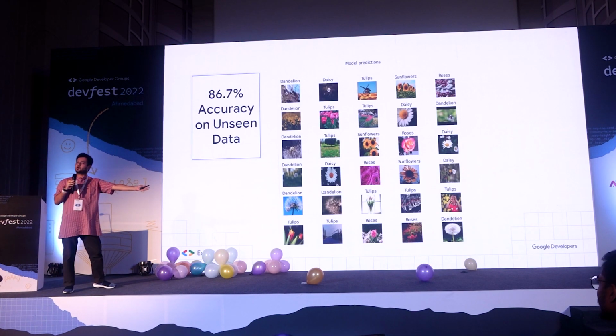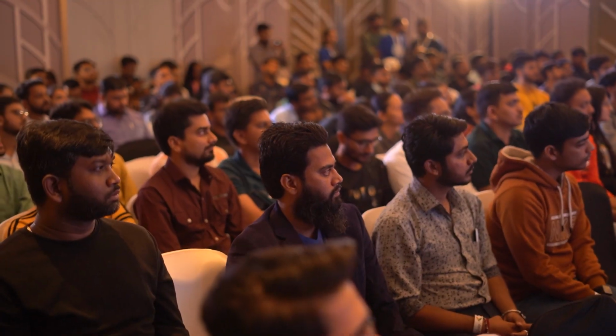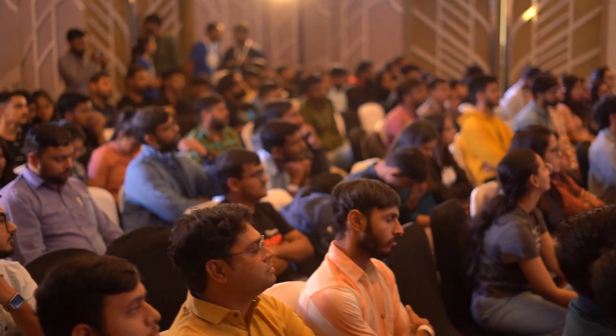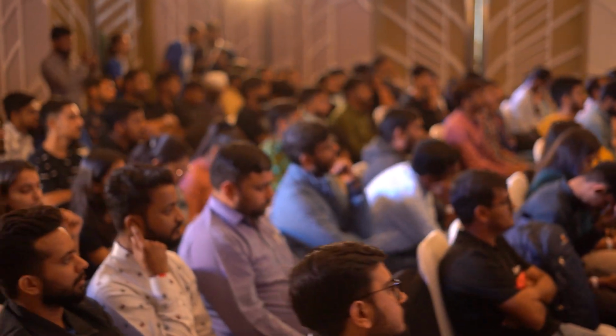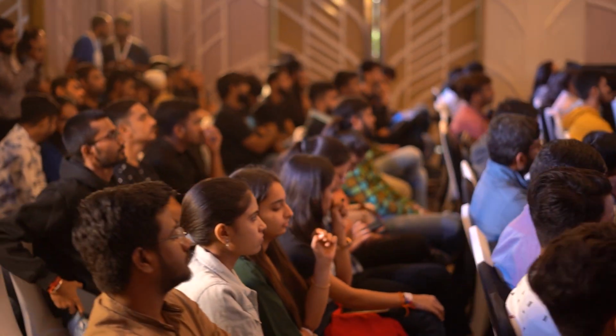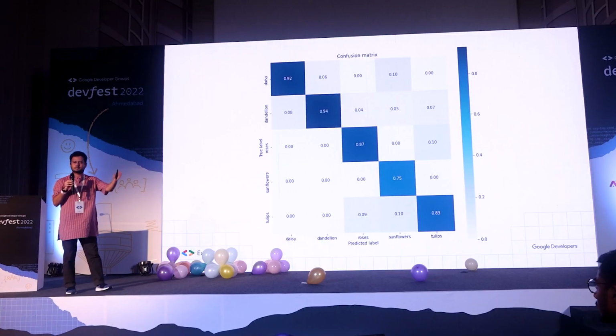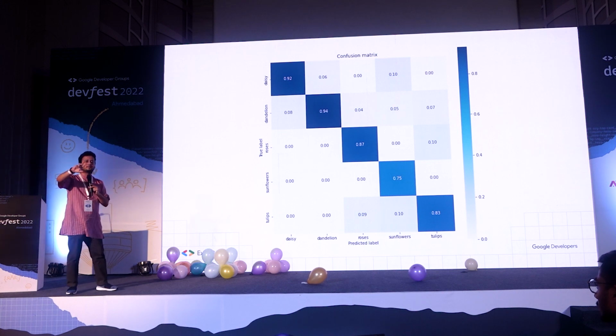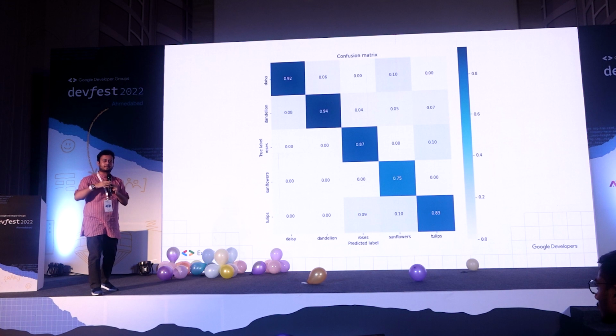Okay. Once I train the model and once I show some unseen data to this particular model, I have close to 87% accuracy. And a way to measure how good your model is, is through this particular matrix called the confusion matrix. The diagonal elements correspond to the right predictions. The non-diagonal elements correspond to where mispredictions are happening.